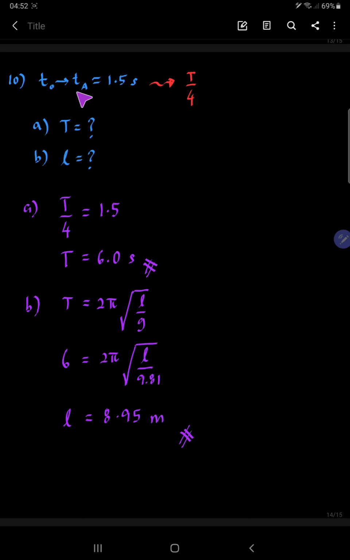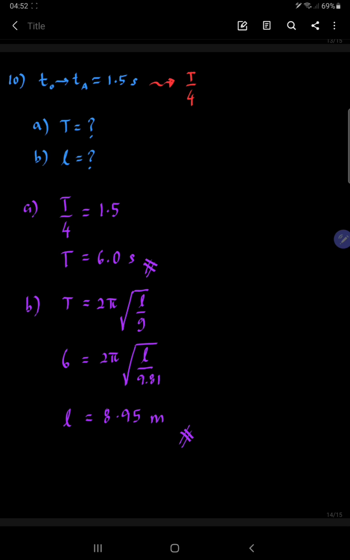Remember, for one complete oscillation there must be 4 different quarters in it: from equilibrium to amplitude, amplitude back to equilibrium, equilibrium to negative amplitude, then negative amplitude back to equilibrium. So from equilibrium to amplitude, just one of it, is a quarter of the period. They ask you to calculate the period and also the length of the string. The 1.5 seconds given equals a quarter period, so you will get the period.